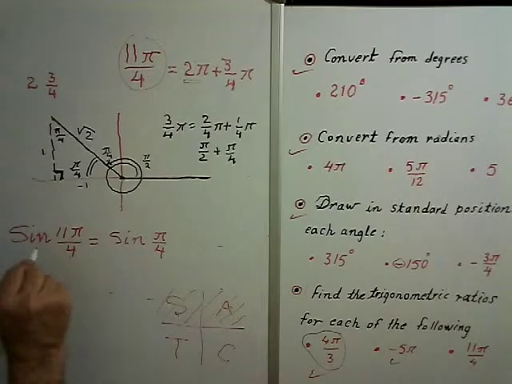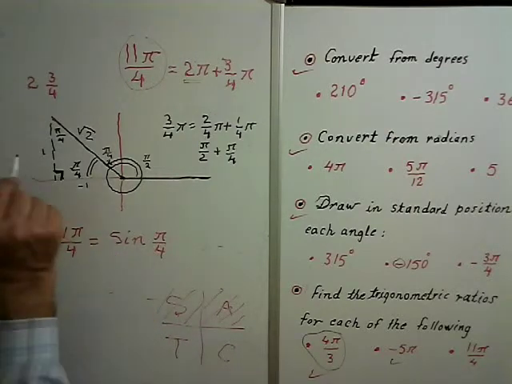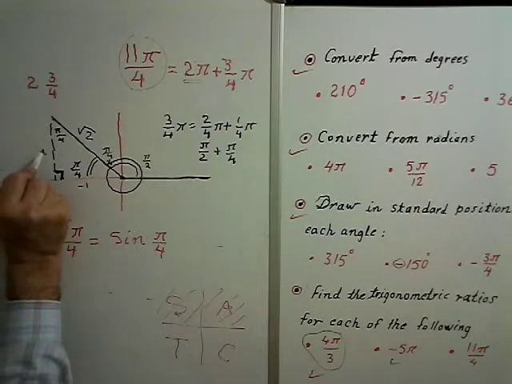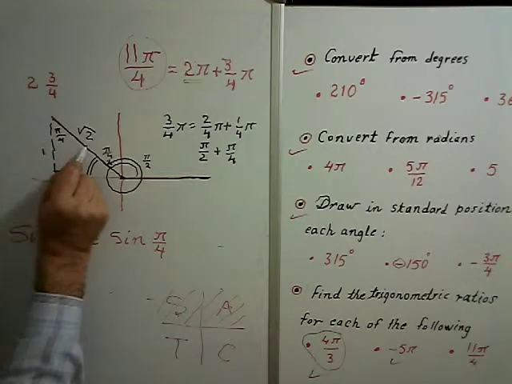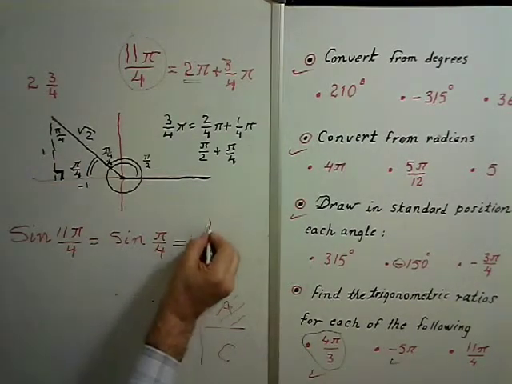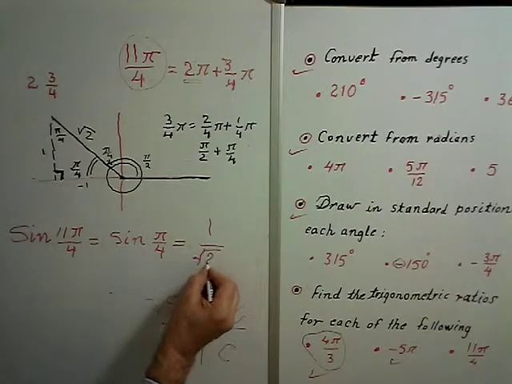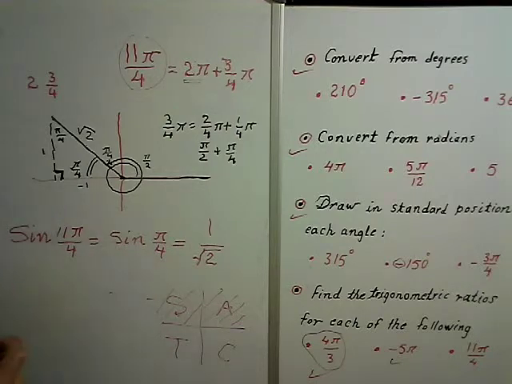Sine is the opposite over hypotenuse. Opposite is 1, hypotenuse is square root of 2. That's the sine for this angle.